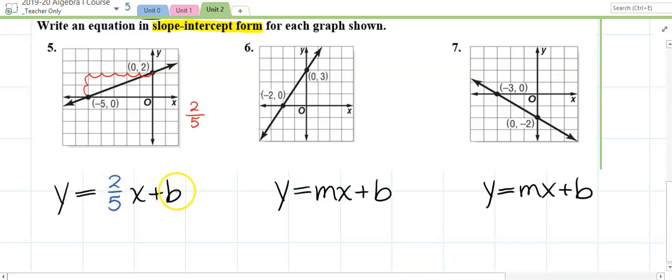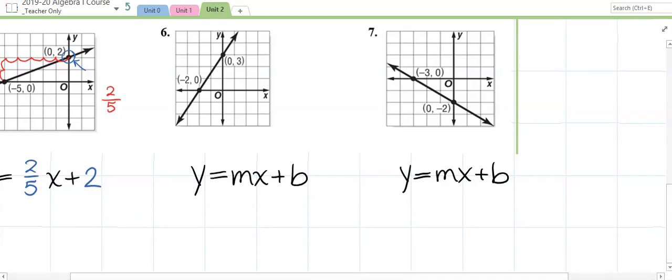The b, again, is the y-intercept. Slope-intercept means slope, y-intercept. Where does this line cross the y-axis? Right here at the point 0, 2. So my b is 2.